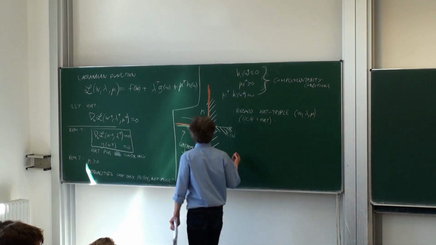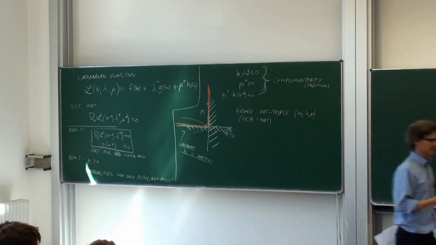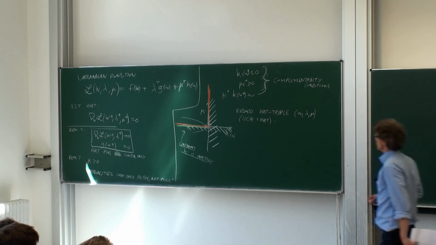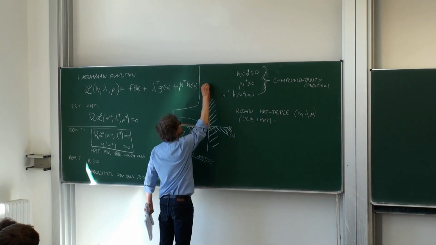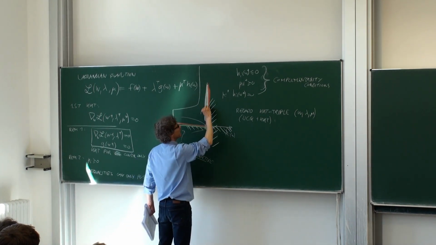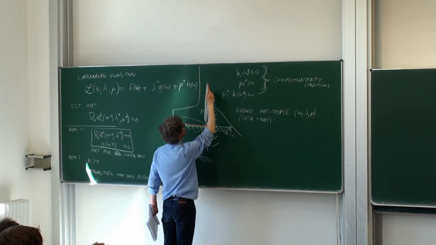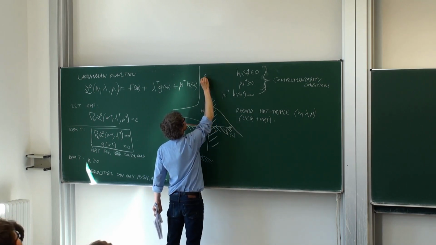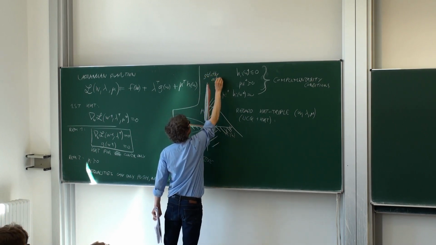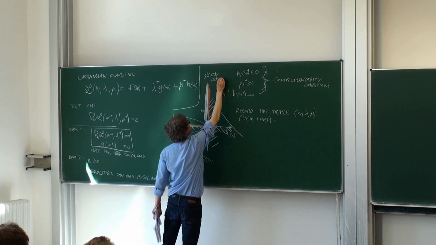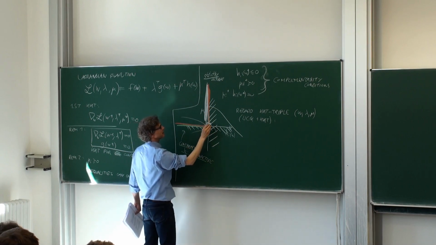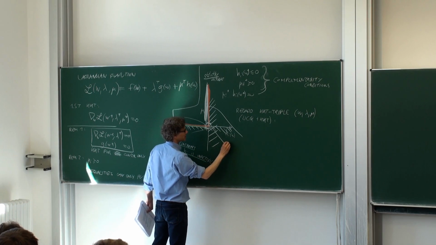I don't have enough colors, sorry, I only have 3. So if I'm here, but not at this point, then I say, maybe I put it here, it's strictly active. I mean, it's active, but it's strictly active because it's also positive, the multiplier is positive. And at this point, I call the constraint weakly active.